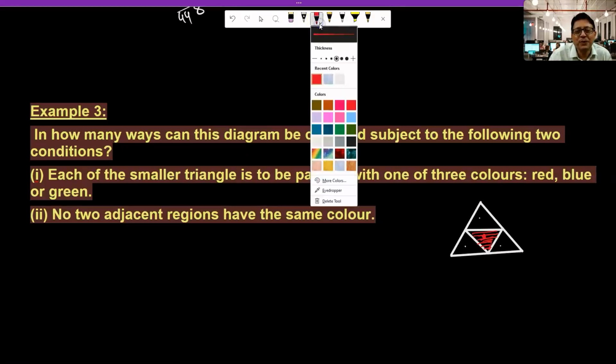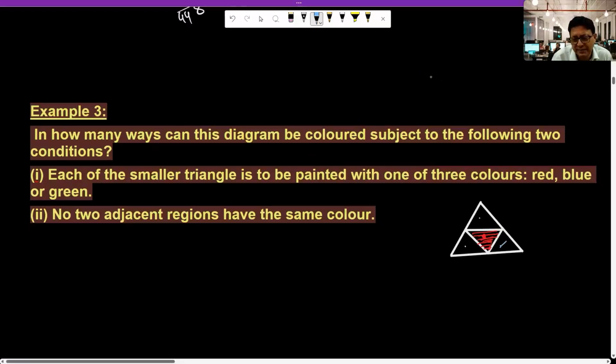Then you go for blue. Blue I am taking here. Blue I am taking here also, and blue here also.